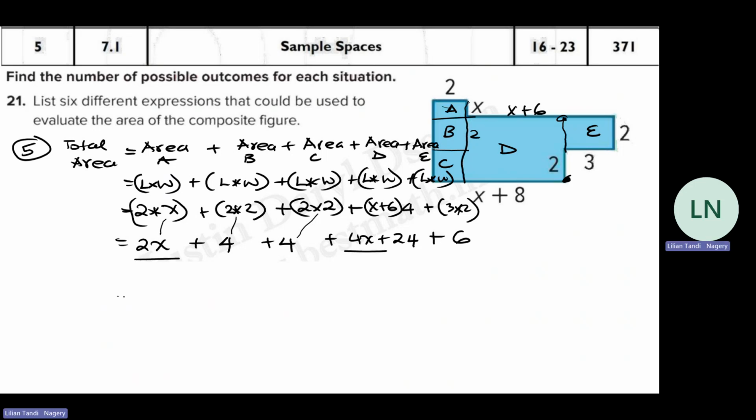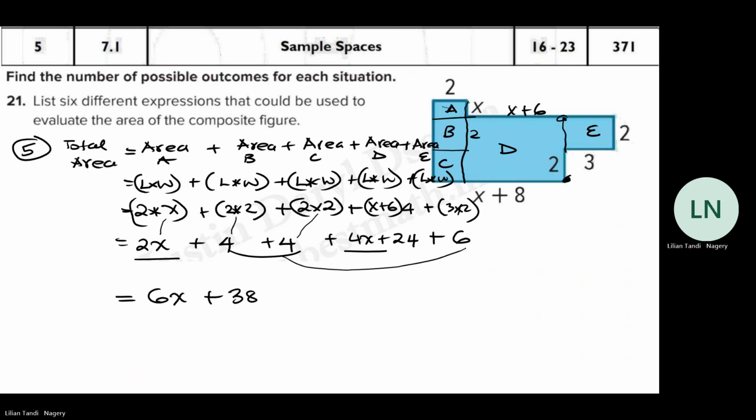2x plus 4x is 6x. 4 plus 4 is 16. 16 plus 6 is 22. And that should give you 38. Did I do that correctly? Let me see. 4 plus 4 plus 24 plus 6, 38.